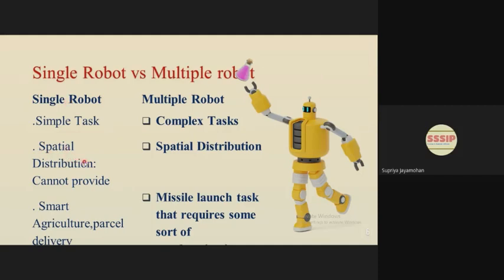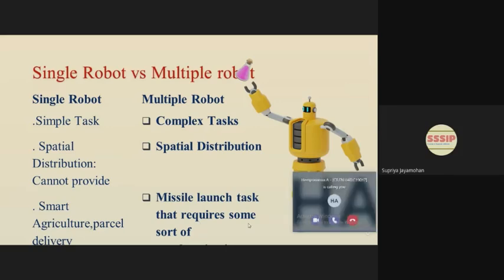Next, we have a requirement where we may require a spatial distribution. Under such a spatial distribution, for example in a missile launch, as has been given as an example for multi-robots, we have an example where two keys need to be activated simultaneously, and then only the missile launch should happen.